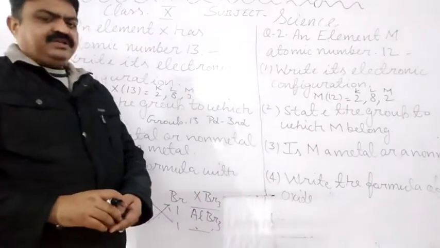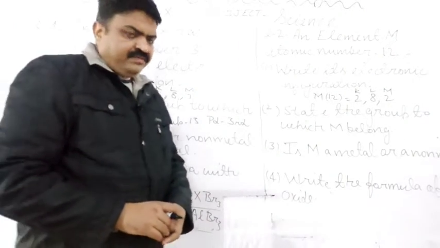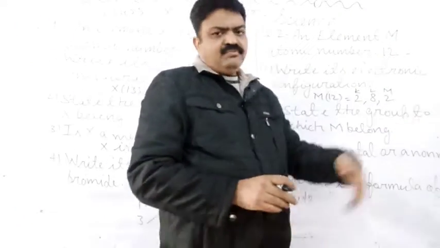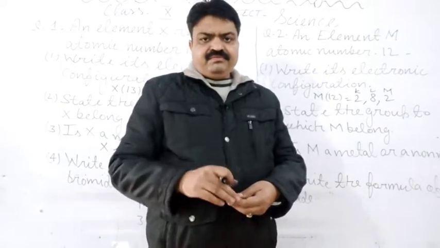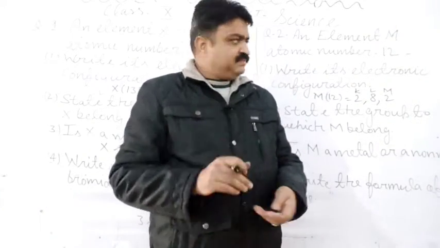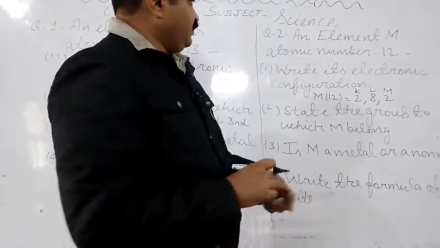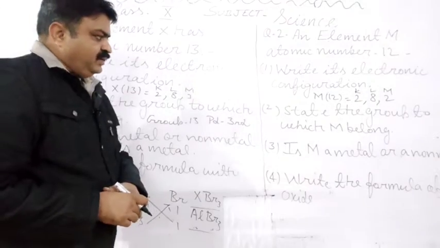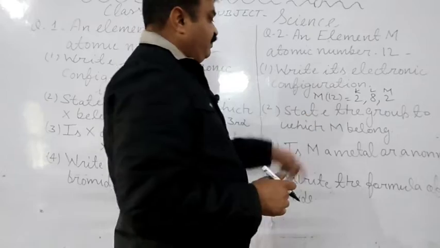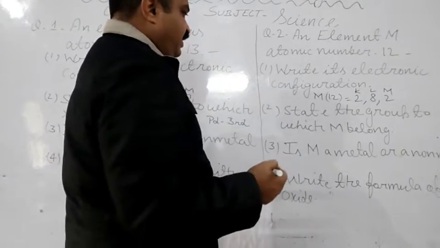State the group to which it belongs. Now, with the help of this outermost electron, we can know which group this particular element M is found in. It is found in the second group, student.